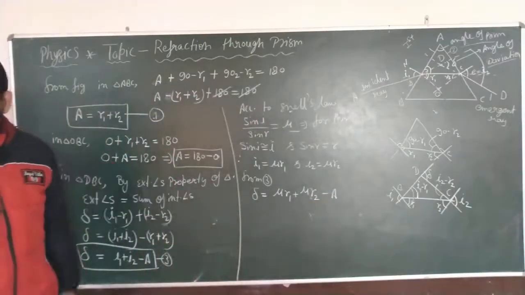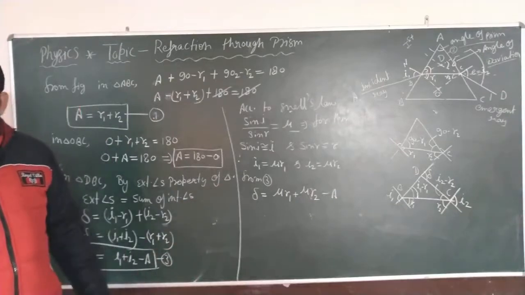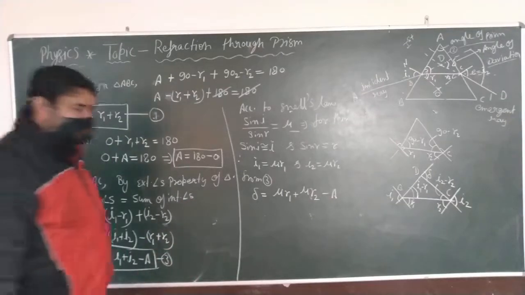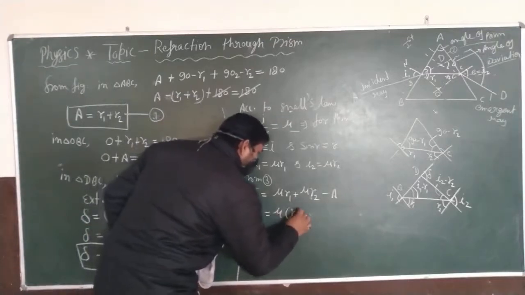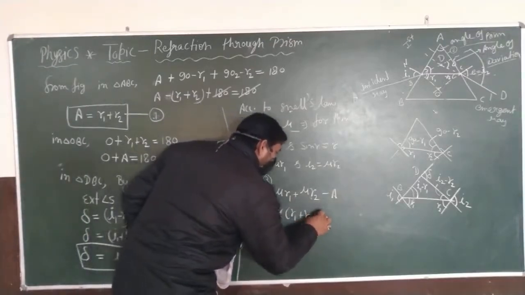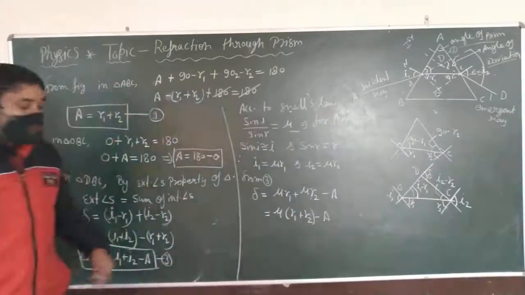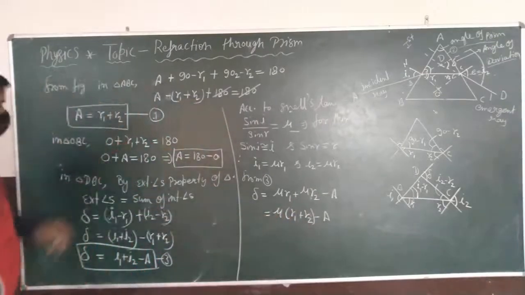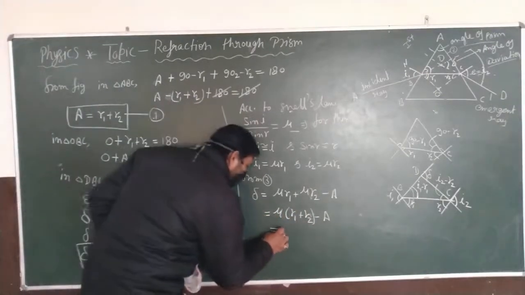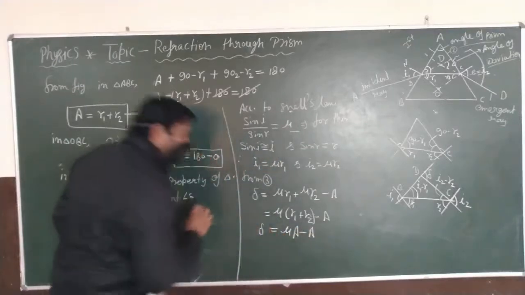Now take mu as common, you will get mu into R1 plus R2 minus A. Clear? Now we have the value of R1 plus R2 in equation first as A, so mu A minus A is equal to delta.